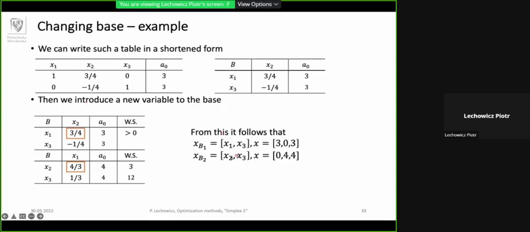And our second base is equal to x2, x3, and our solution is equal to 0, 4. Because free variables are equal to 0, and here we have a simple solution for the remaining 2 variables in the base.